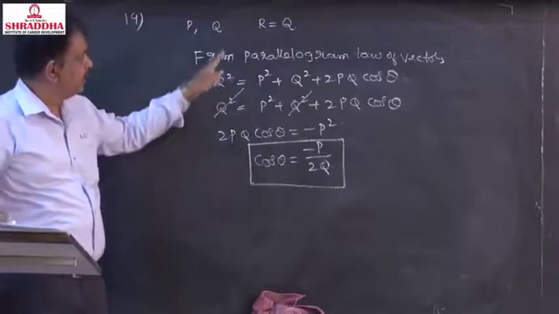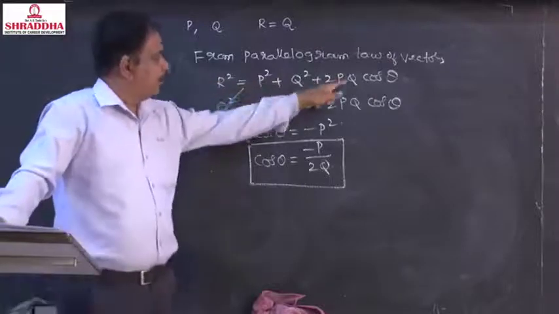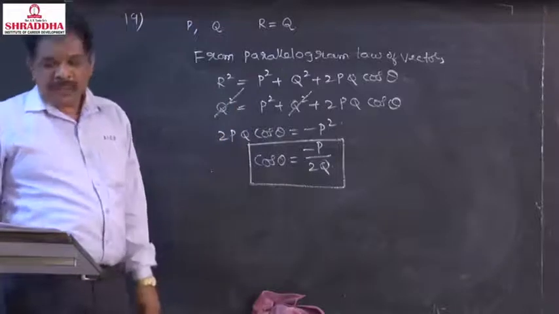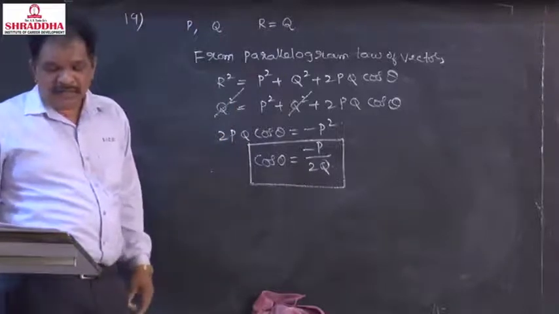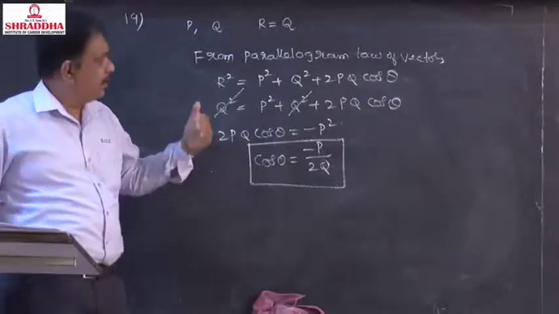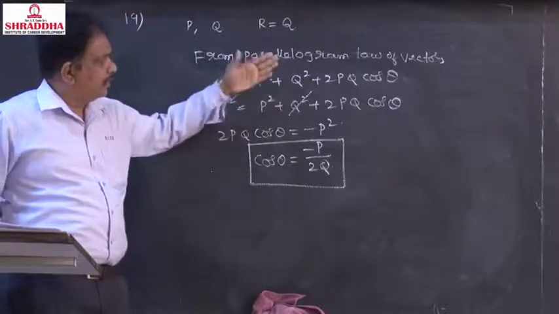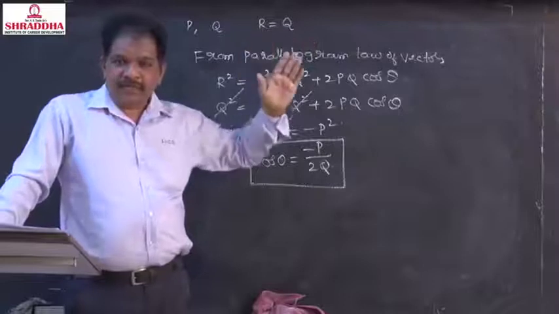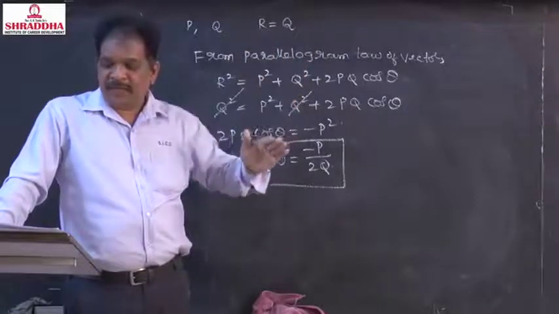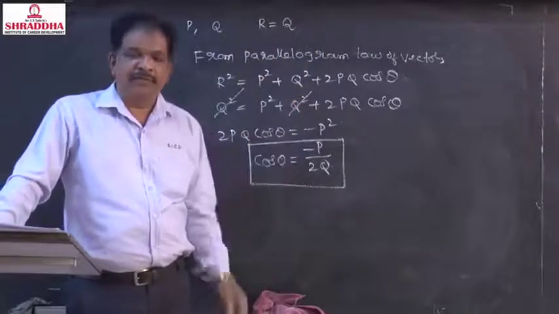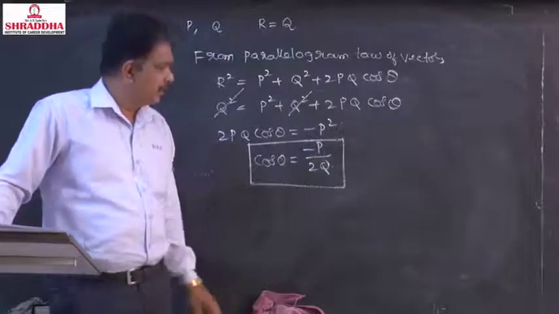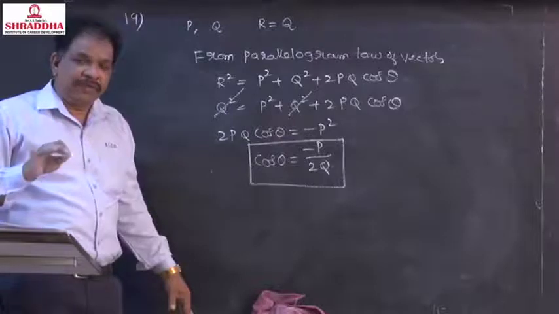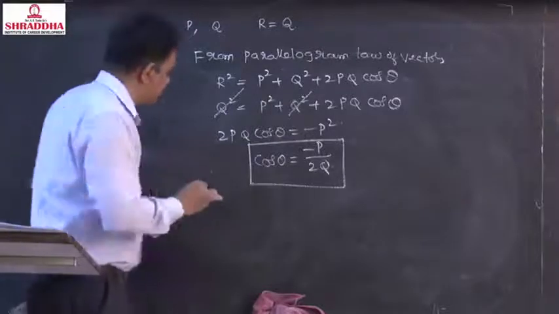Means the angle between P and Q is this. Then R is equal to Q. Now what they are asking, Q value is doubled. Then the resultant will also change. That resultant, how much angle does it make with P bar? That is the question. So the angle made by the resultant with P bar, what is the formula?